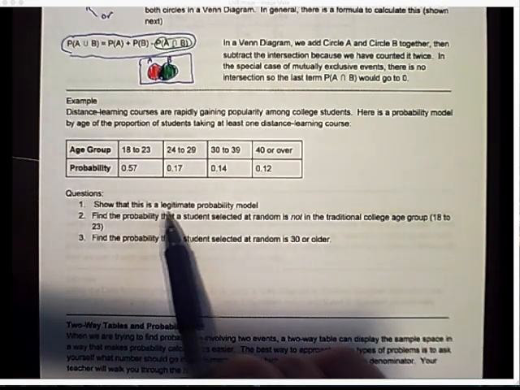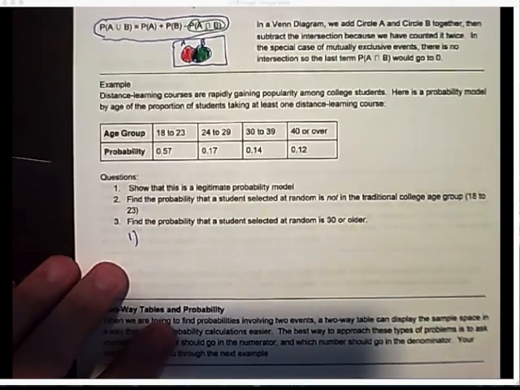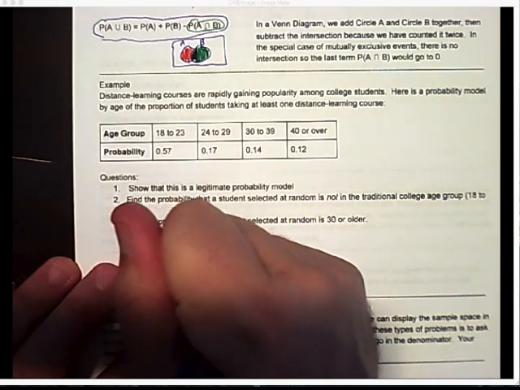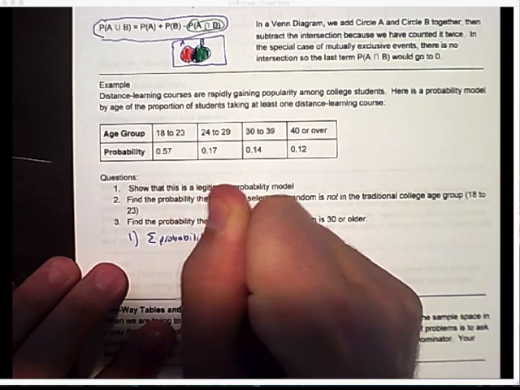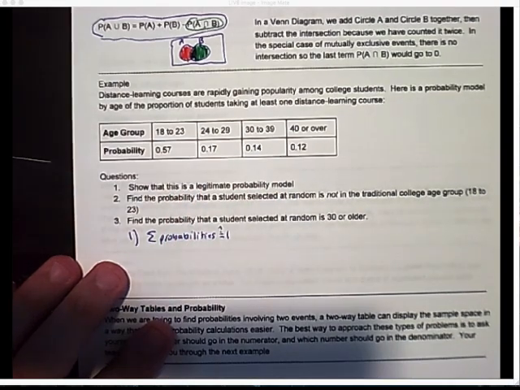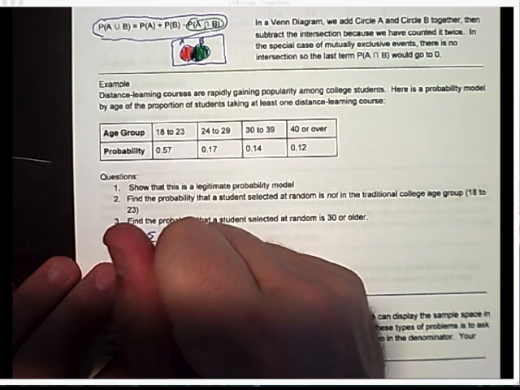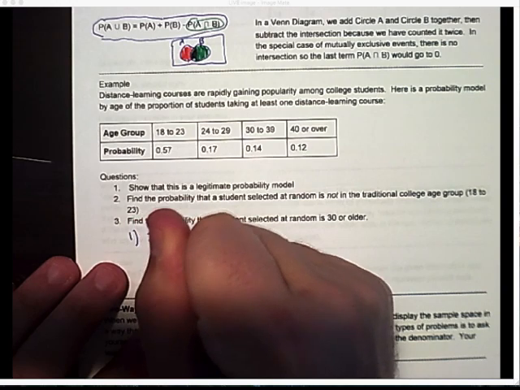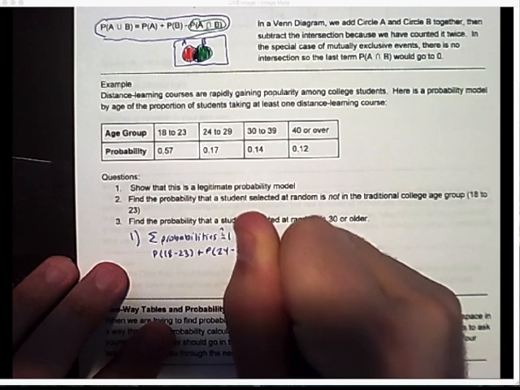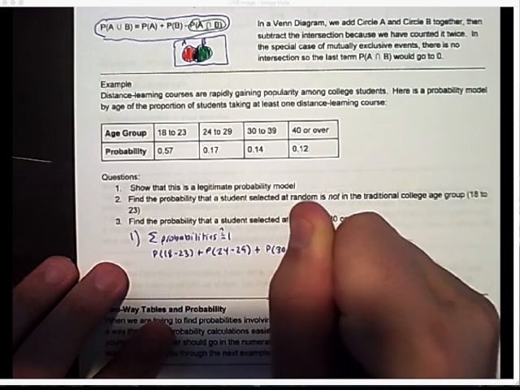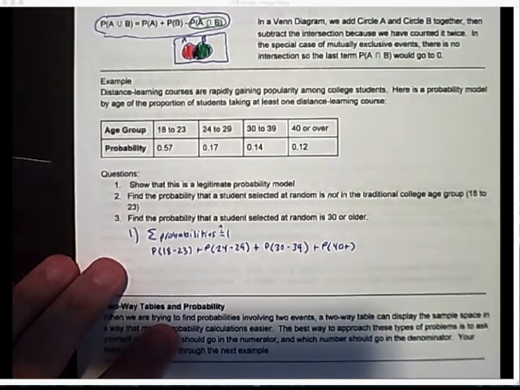It says show that this is a legitimate probability model. So the only way this can be a legitimate probability model is if the sum of the probabilities equals 1. So we don't know if that's true or not. So what we have to do is take the probability of 18 to 23-year-olds plus the probability of 24 to 29-year-olds plus the probability of 30 to 39-year-olds plus the probability of 40 and over.